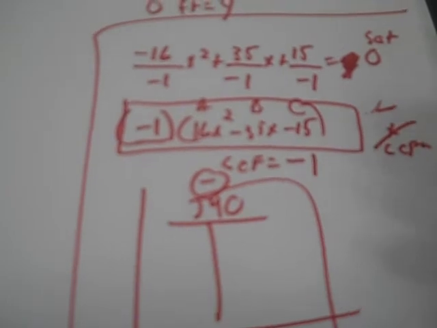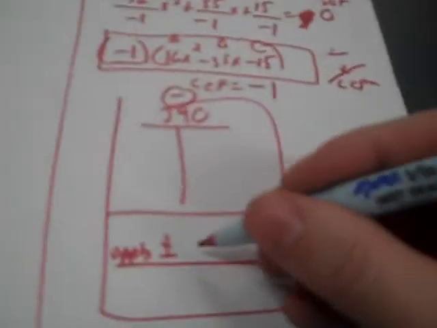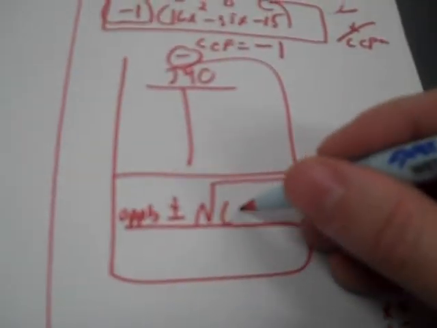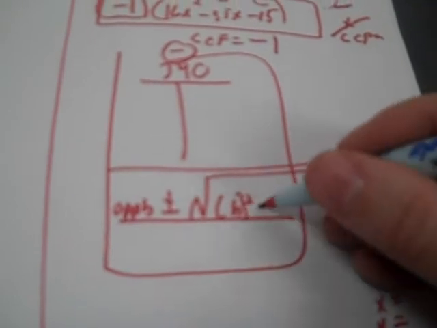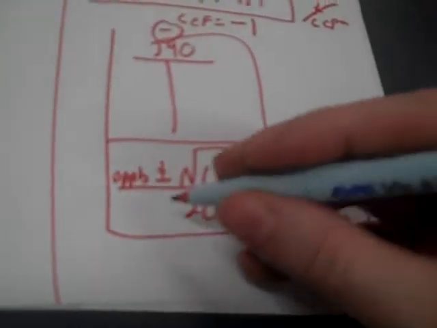We have a new rule in here, okay? Anytime the AC product is higher than 200, just don't bother with the table and set up your quadratic formula. Okay, so opposite of b, plus or minus the square root of b squared minus 4ac, over 2a.